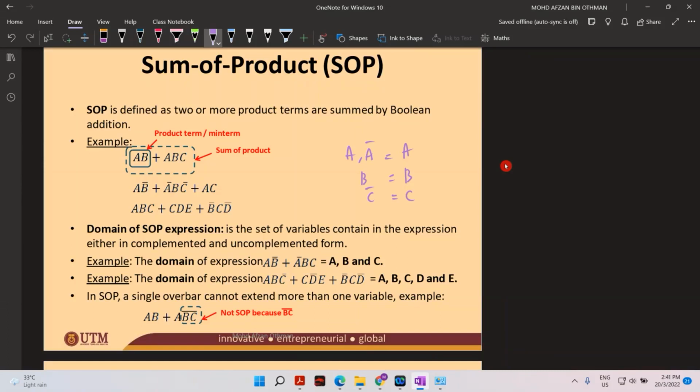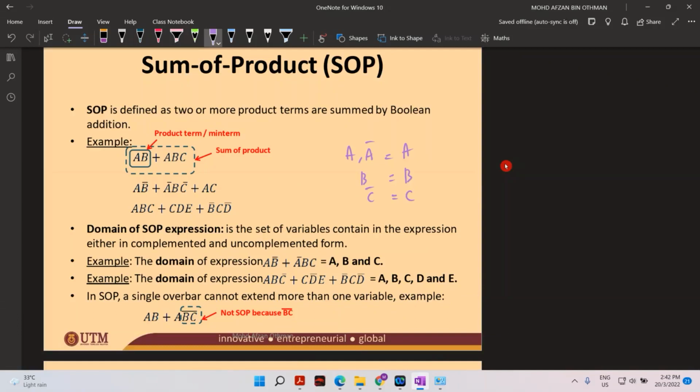Okay, so another example. Given A, B, C bar plus C, D, E plus B bar, C, D bar. Okay, so how many domains do we have? 1 for A, 2 for B, 3 for C, 4 for D, and 5 for E. So we have a total of 5 domains or 5 inputs.